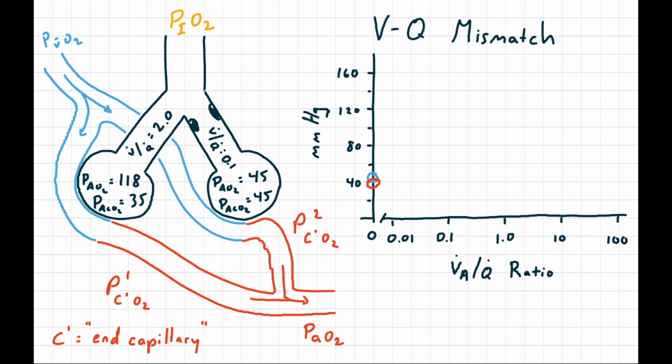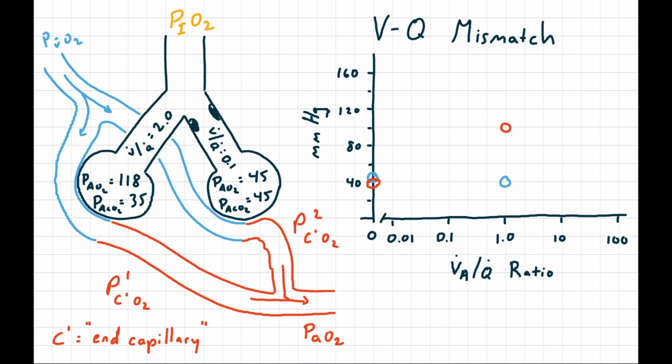It should also make sense that if your VQ ratio is exactly 1, that's normal alveolar gas exchange, governed by our old friend the alveolar gas equation. So in that case, the carbon dioxide partial pressure is right at 40 millimeters of mercury, and the oxygen partial pressure is 100 millimeters of mercury.